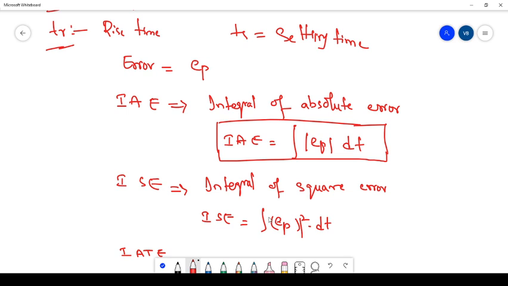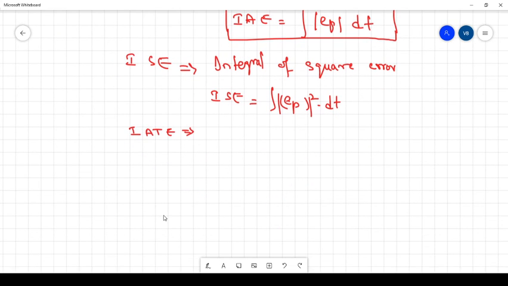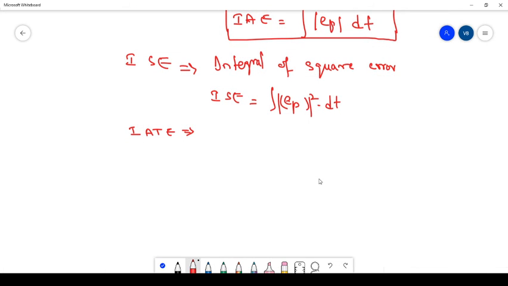ISE, integral of square error, is the integration of EP whole square dt. So what is ITAE? Last thing, the integration of absolute time error. Here time is extra, and we should multiply with time.